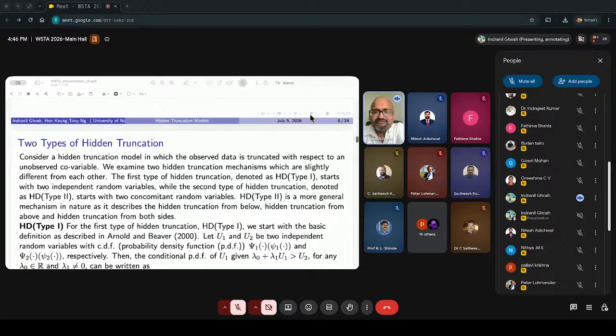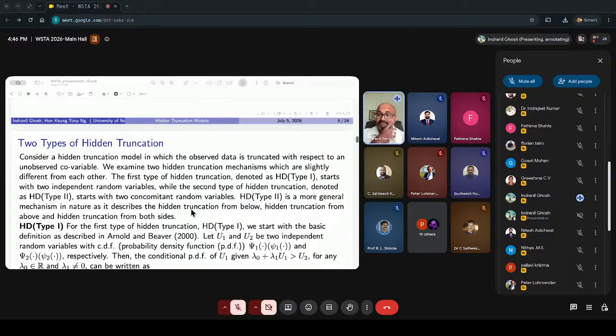So let me get back to these models as I was mentioning. For the HD type 1, this is a brainchild of Arnold and Beaver. It starts with U1, U2, two random variables with a valid PDF and CDF. Then the conditional distribution of U1 given lambda 0 plus lambda 1 U1 bigger than U2.